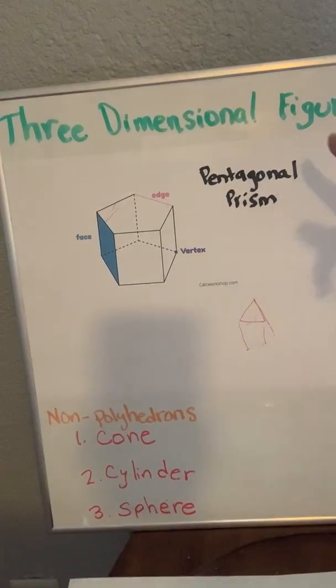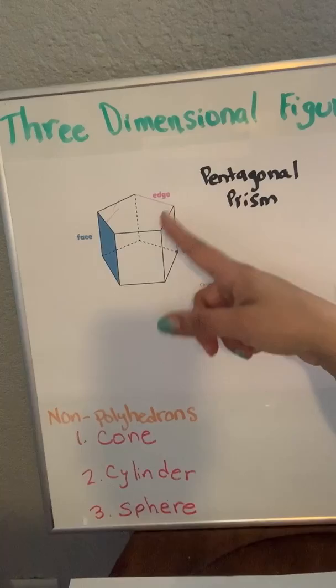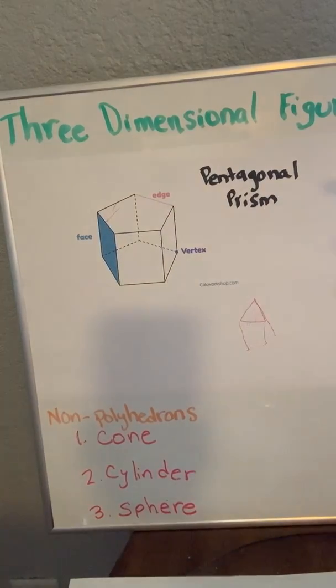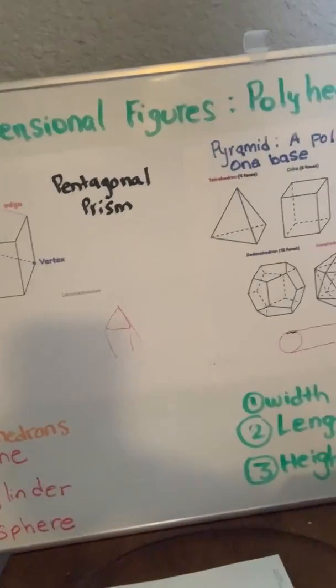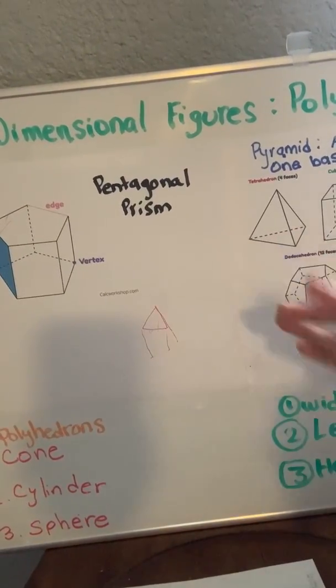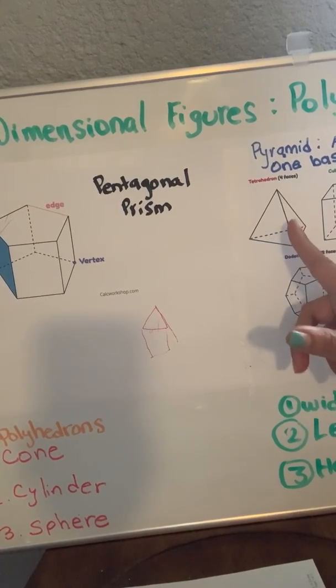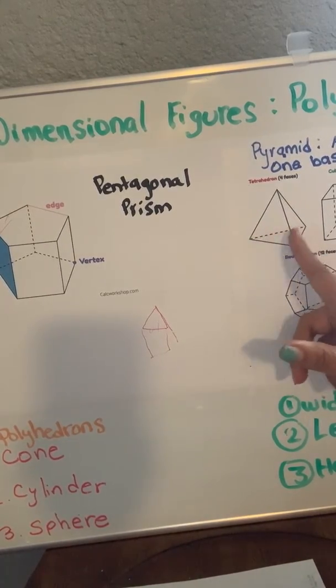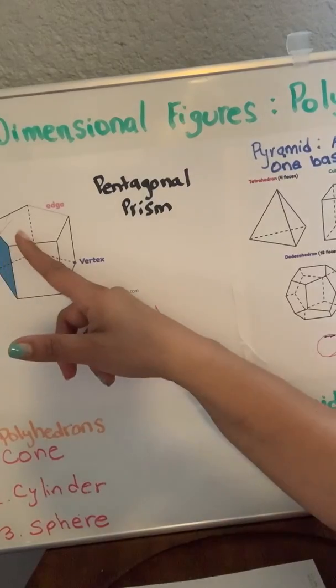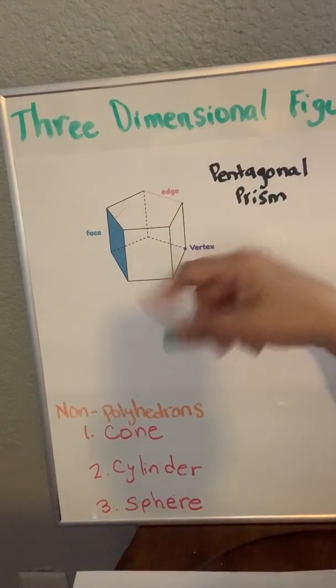The prisms could be anything that has two bases, and the pyramids are going to be any object that has only one base and meets at the top. In this case, you have a pyramid with a triangle base. In this case, you have a prism with a pentagon as a base, top and bottom.